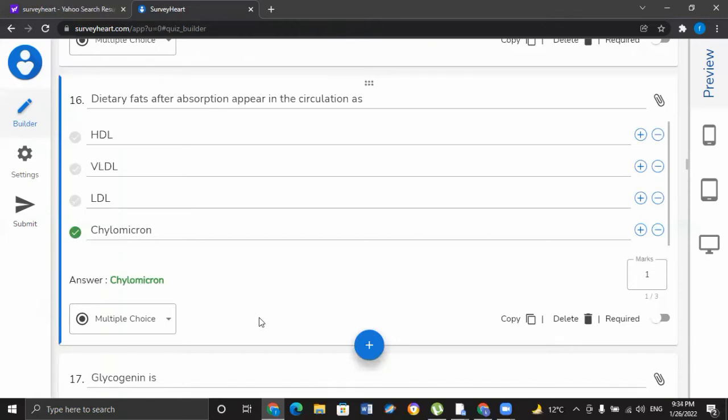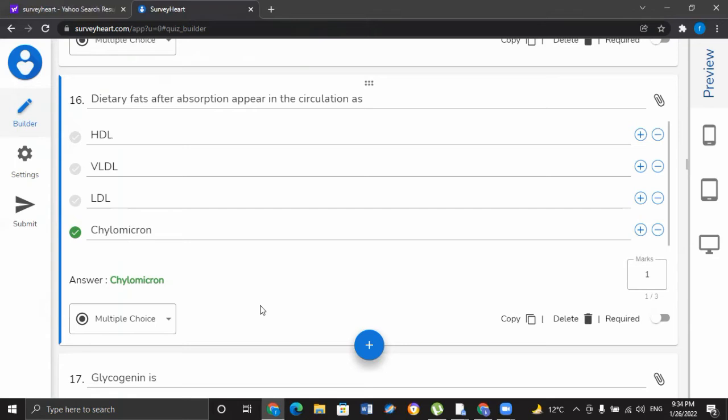Chylomicron has the lowest density because it has a higher lipid content, mainly TAG, and a lesser protein content. So the correct option for MCQ number 16 is chylomicron.